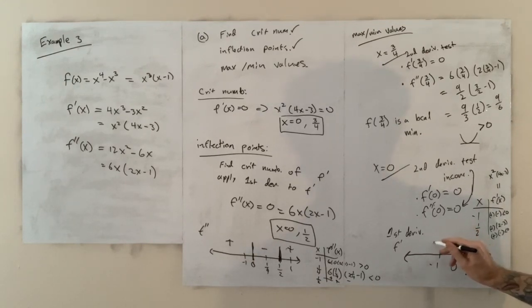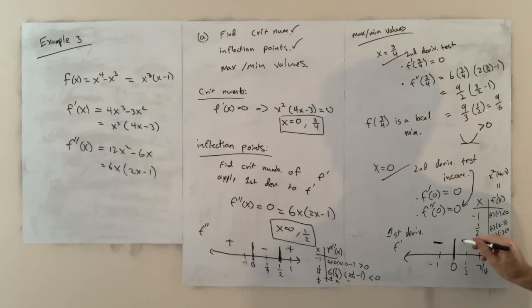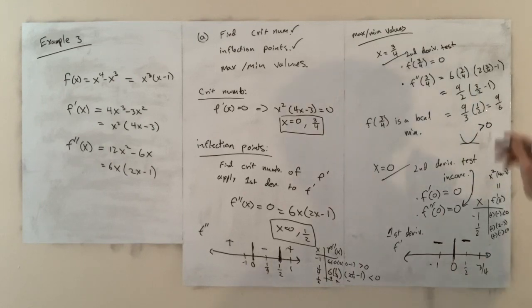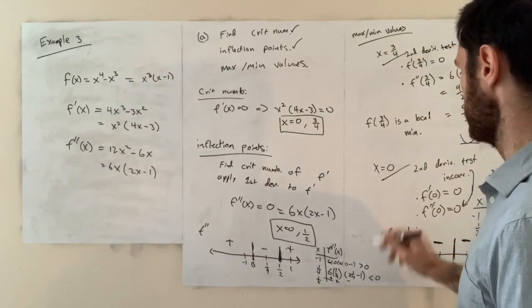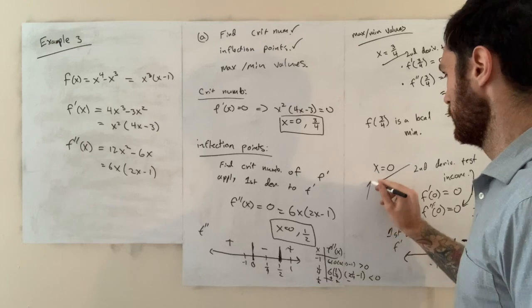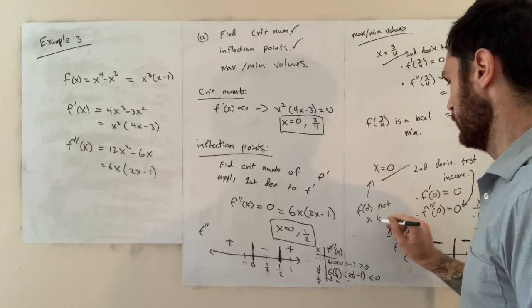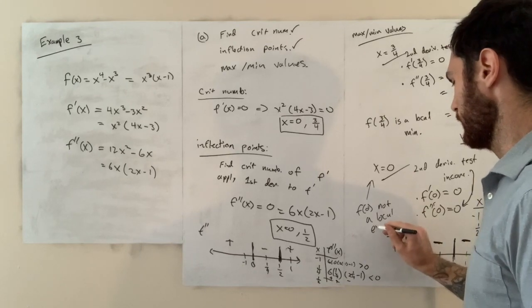This is negative here, and this is negative here. And so there's no change. We have negative up to 0, negative past 0. And so at this critical point, no change. So what the first derivative test says is this is f of 0, not a local extrema.